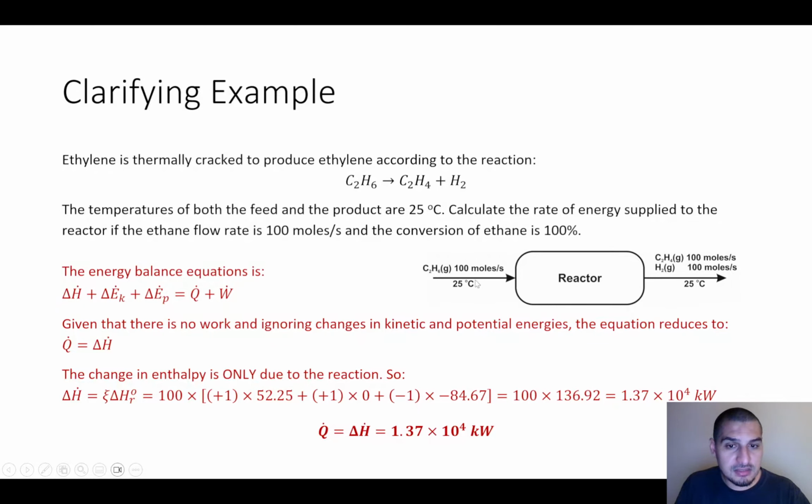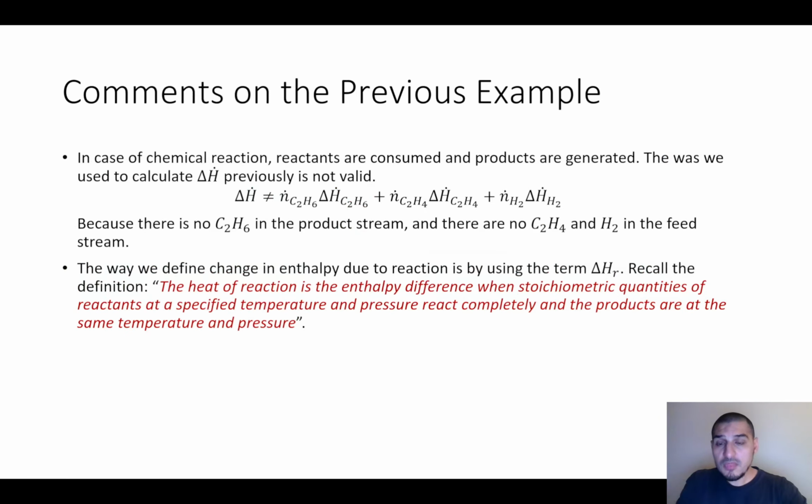If you go back to this case here, this is exactly what we have. We have the reactants. Of course, it's one reactant, so there are no stoichiometric ratios. But this is the reactant at 25, the product is at 25, and it's totally consumed. So this is the definition of the heat of reaction. The heat of reaction is an enthalpy difference, by definition.